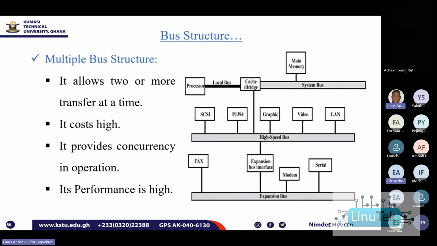So you see that several peripheral devices can be connected to the various buses that have been created. And by so doing, you can have different processes running at the same time without compromising on the performance of the system. So the multiple bus structure allows two or more transfers at a time. It also allows concurrency in operation, and its performance is very high.